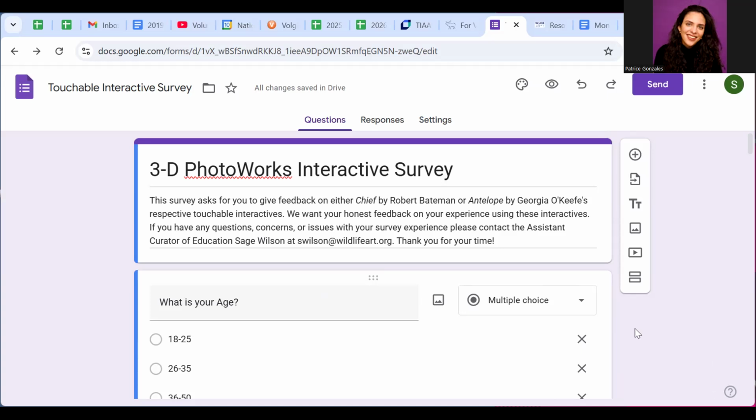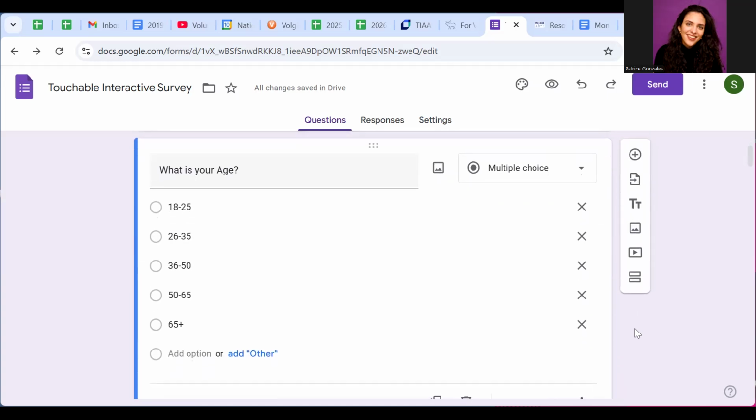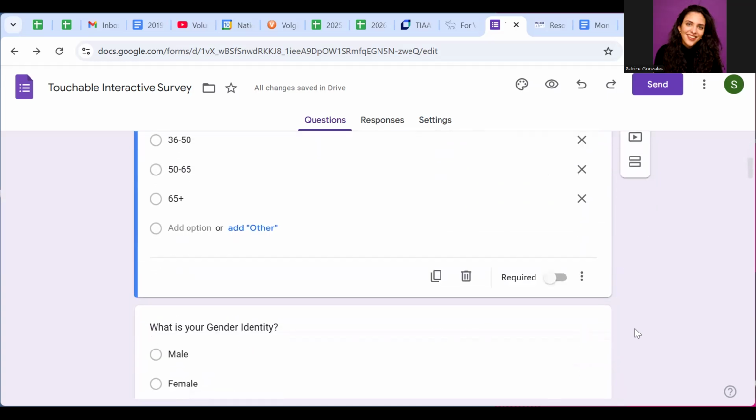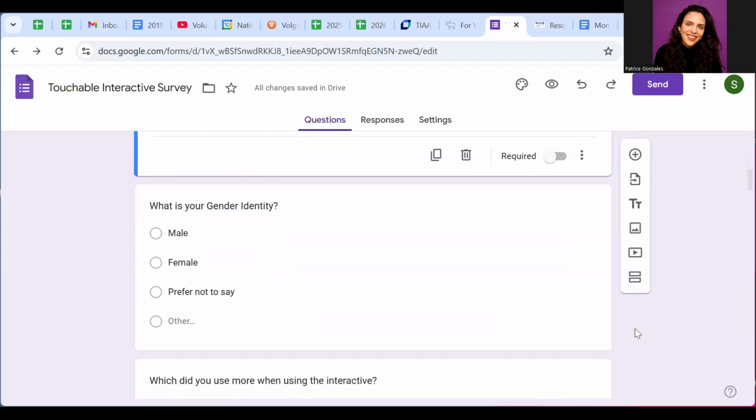So this is what the proctor will be doing. What is your age? And this is the breakdown. And then what is your gender identity? The proctor is the one who's standing by handling this survey, and both the tracker and the proctor are quiet.